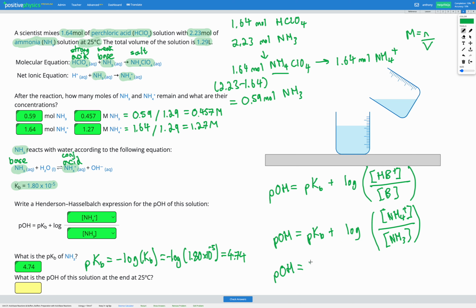Our pKb we just calculated is 4.74 plus log of the concentration of ammonium, which we figured out was 1.27 after the reaction's finished, divided by the concentration of ammonia, which is 0.457. If we put that into our calculator, that gets us a pOH of 5.19. So we can go ahead and fill that in over here.